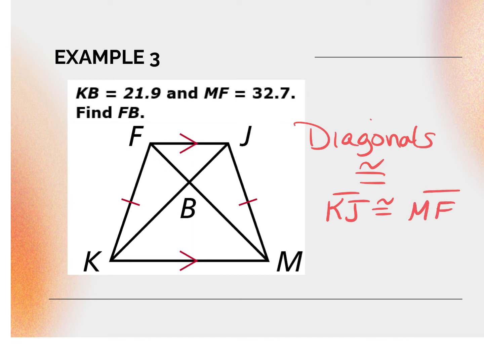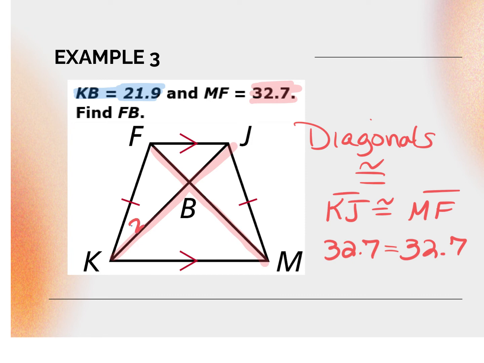They're telling me that MF is 32.7, so KJ is also going to be 32.7. Let's go ahead and fill this in. Since MF has a length of 32.7, so does KJ. Now they're also giving me the length of KB, and it's 21.9.